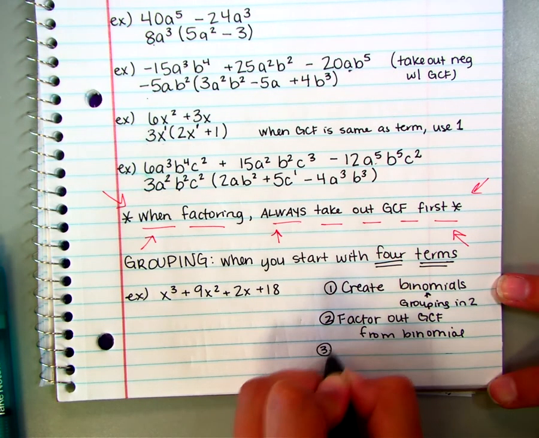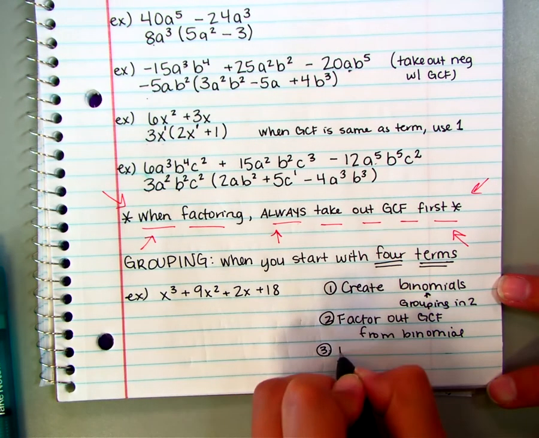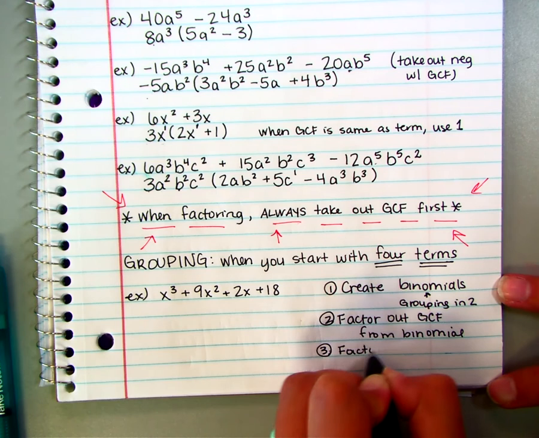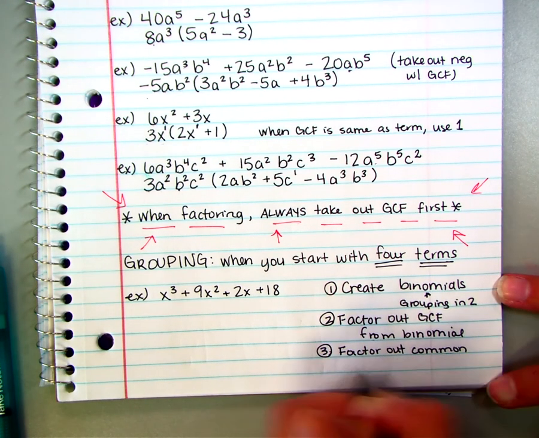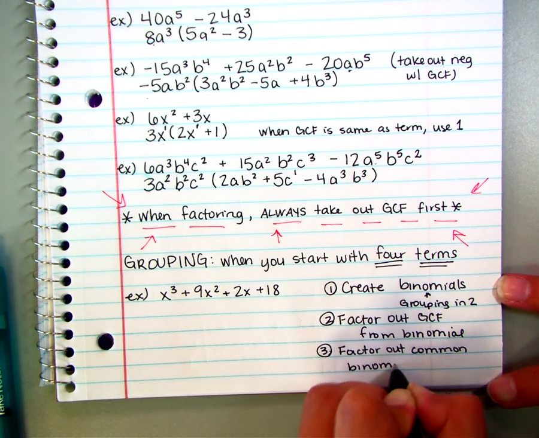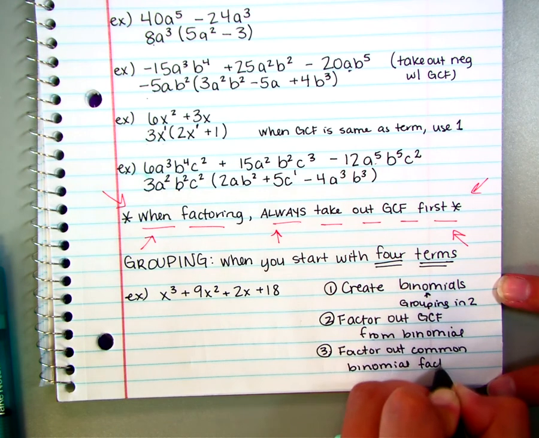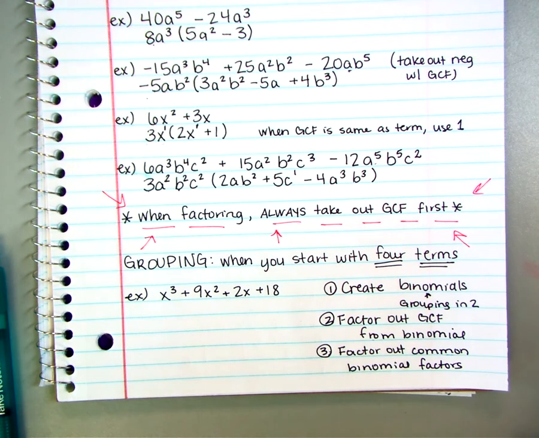And then that last step is factor out the common factors, the common binomial factors. I know that's a lot of words right now, but it'll make sense in just a second.